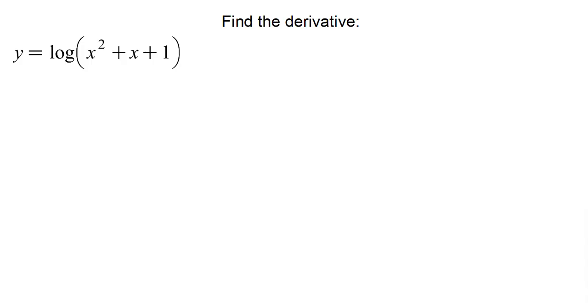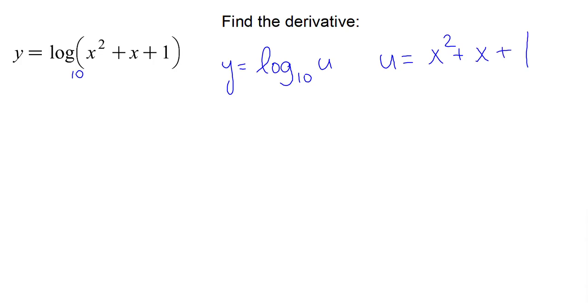All right, just two more to go. Number 19 here, we've got y equals the log base 10 of u. Note that anytime we don't have a base written there, that's log base 10. We'd also call it common log. I'm going to put it in there just so that we see that for when we need to do our natural log in the denominator. So it's log base 10 of u, where u is x squared plus x plus 1.